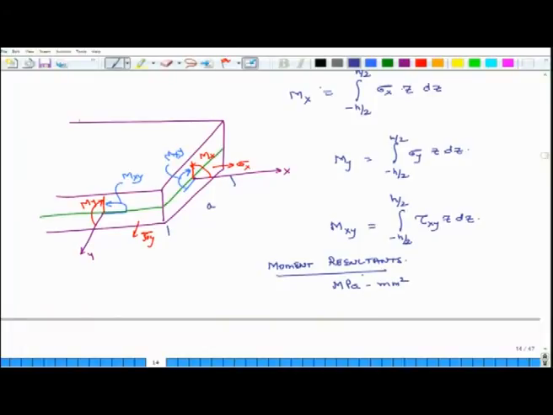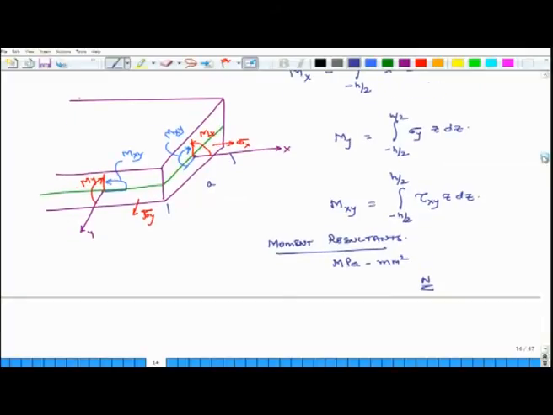Or if you are not working in millimeters and just use meters, then it will basically be newtons. I like the Newton unit better because it is mathematically more consistent, but a lot of times people also use these mixed terms, MPa times millimeter square. So, you should be aware of that.